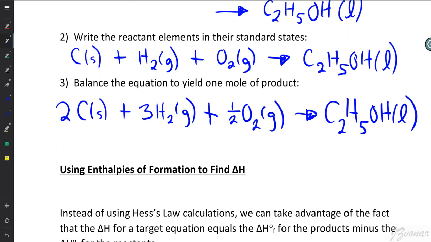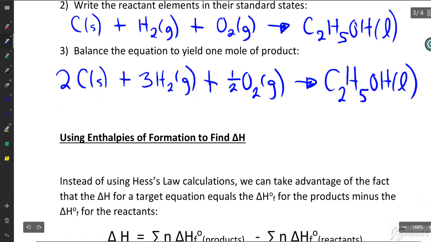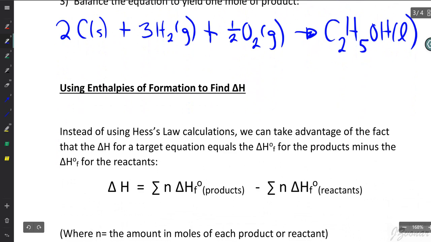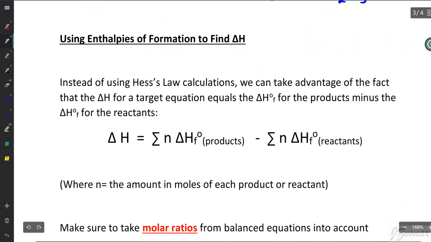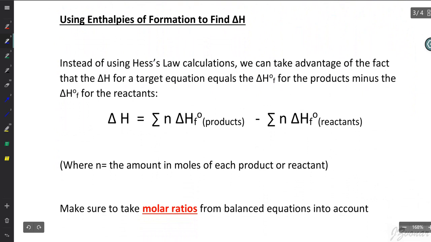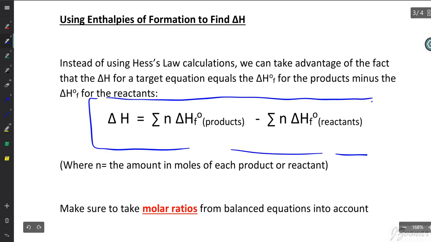So now, how do we use enthalpy of formation to find the delta H? So instead of using our Hess's law calculations, we take advantage of the fact that the delta H for the target equation equals the delta H of formation of the products minus the delta H of formation of the reactants. So we can write this as a chemical formula.